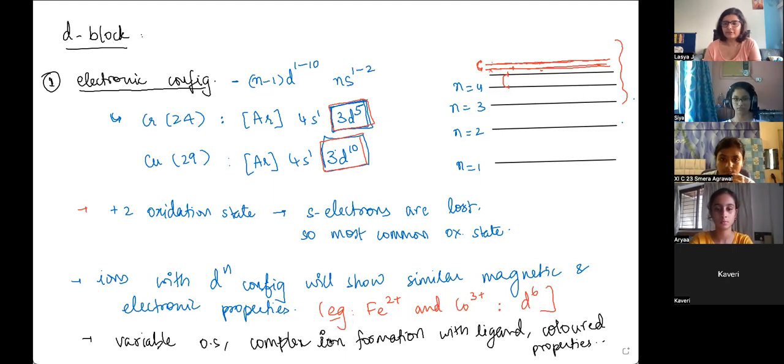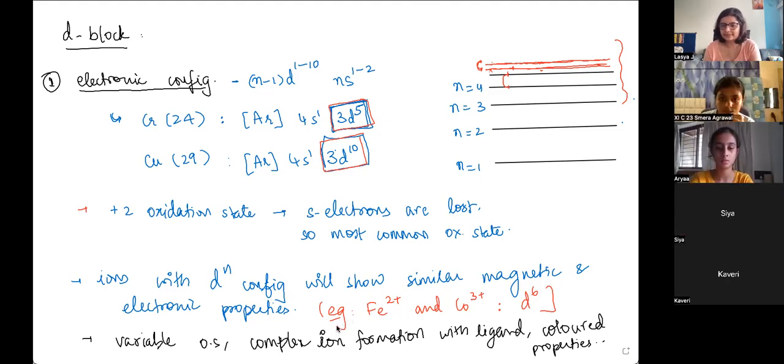Does it mean they are highly reactive? Reactivity will depend on the individual element. It depends on the energy values, as we saw in the thermodynamics chapter.